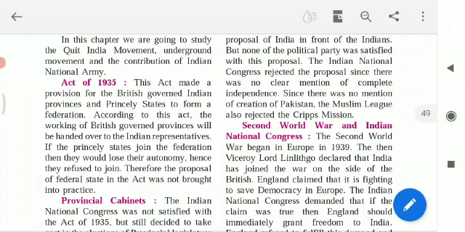So children, the Indian National Congress did not accept the Cripps proposal, and the Muslim League also rejected it because there was no mention of the creation of Pakistan.